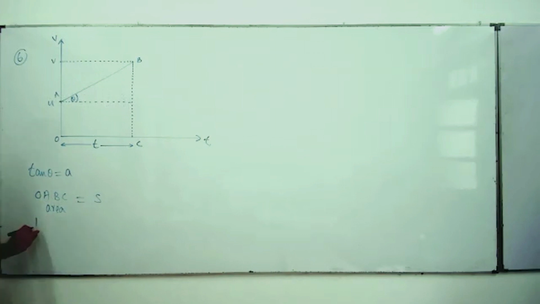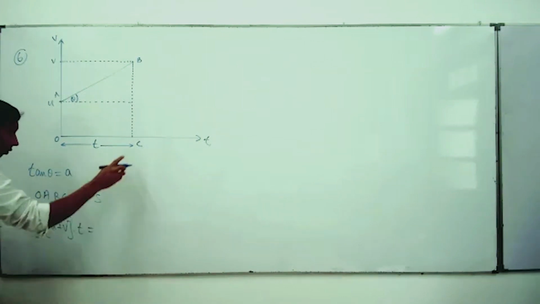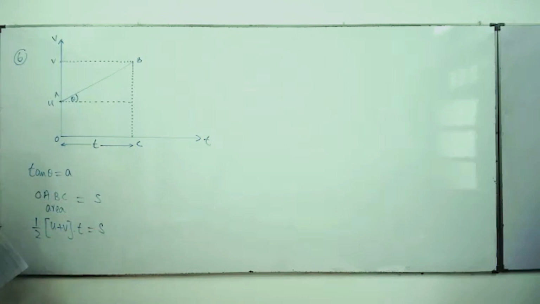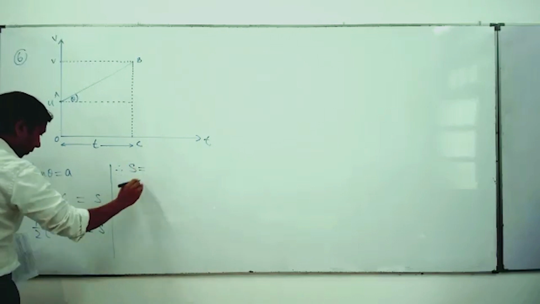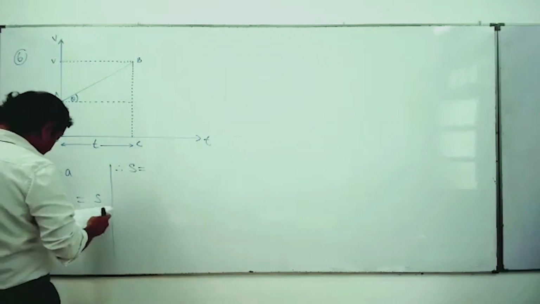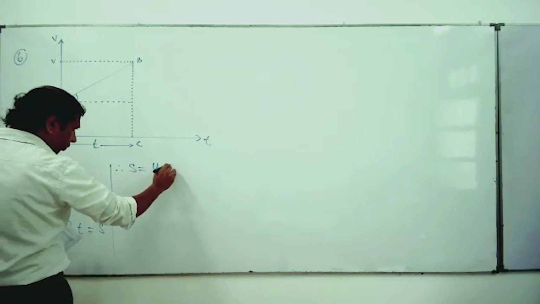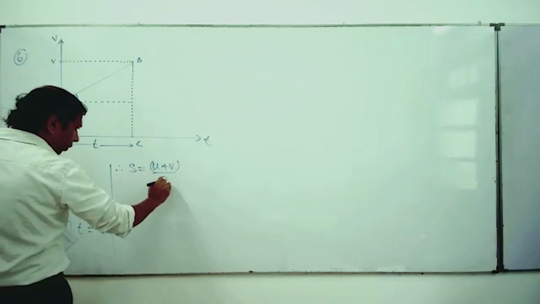Area of a trapezium is half the sum of the parallel sides, u plus v, into this base t. Thereby the first equation: s equals u plus v divided by 2 times t.